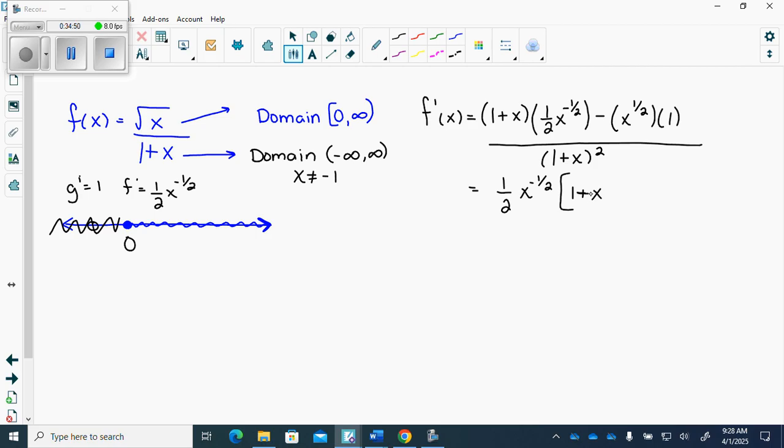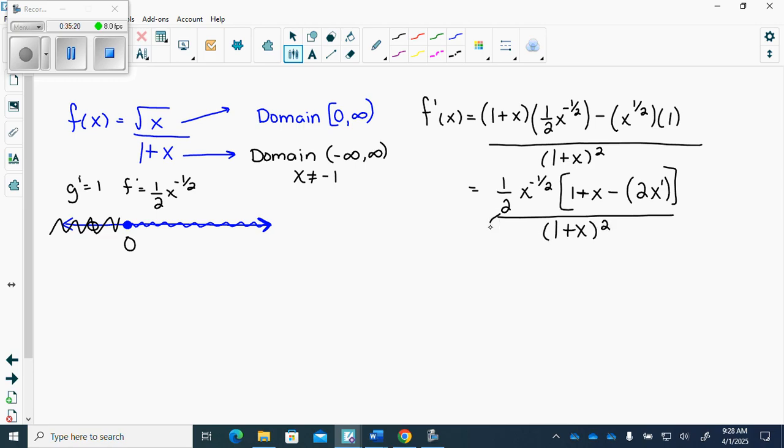Now if I take a 1/2 out of 1, what does it turn to? Guys, a 2. 1 divided by 1/2 is 2. What happens when I take an x to the negative a half out of an x to the half? I get x to the 1. Didn't really need brackets, but if it was a binomial, I would have to remember to distribute that minus sign through, correct? It's a monomial, so we're good. All over 1 plus x to the 2.